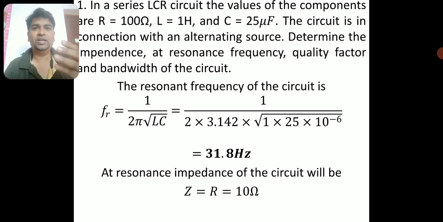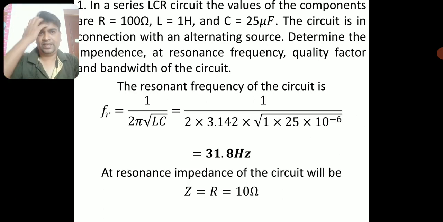The formula for resonant frequency is Fr equals 1 divided by 2 pi root LC. Substituting: 1 divided by 2 into 3.14, root of L which is 1 Henry, capacitance 25 microfarad, which you have to convert to 25 into 10 to the power of minus 6.